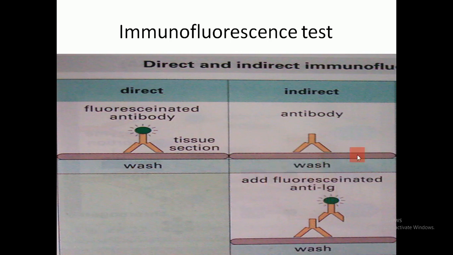And this indirect method is used to detect autoimmune disease, like anti-nuclear autoantibodies, anti-smooth muscle autoantibodies.